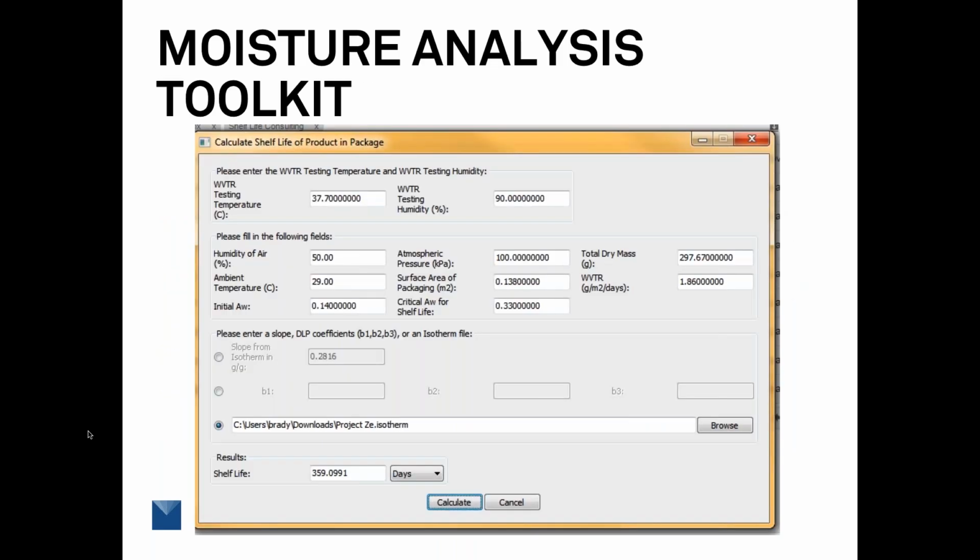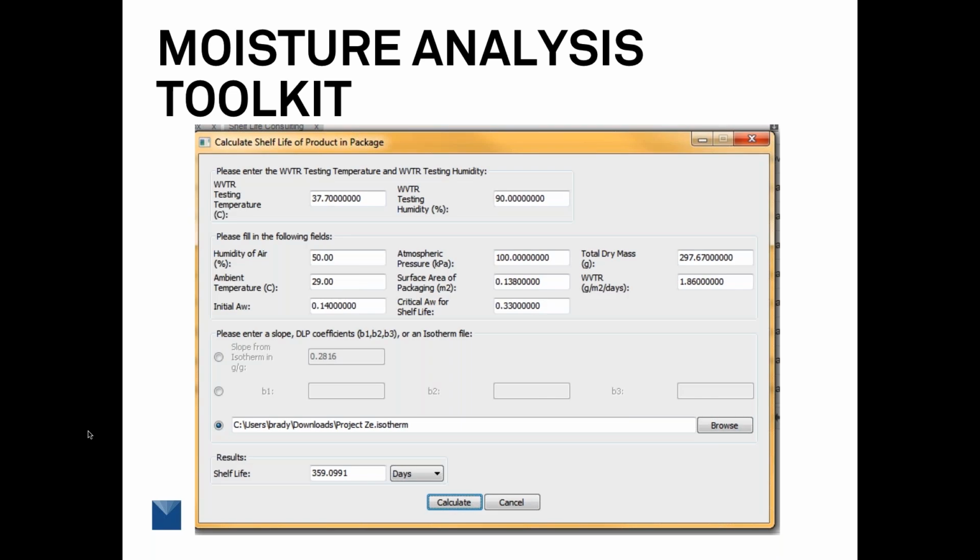So in the case of our shortbread cookies, we identified the critical water activity for that particular product as being 0.4. So if we were using this example, we would have put 0.4 or 0.5 in there as our critical water activity, sorry. And then we would have told it what the initial water activity was, what the surface area of the packaging is, what the mass of the total sample inside the packaging is, and what the humidity of the air is that we're interested in.